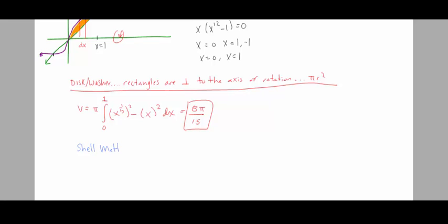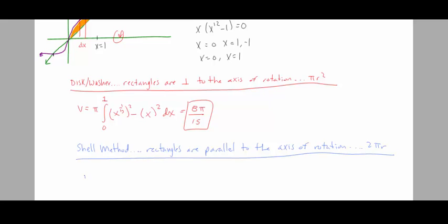Now remember, with the shell method, the rectangles are parallel to the axis of rotation. Shell and parallel, they rhyme. And here we want to think circumference. So this would be 2 pi r. So my volume here would start with 2 pi.